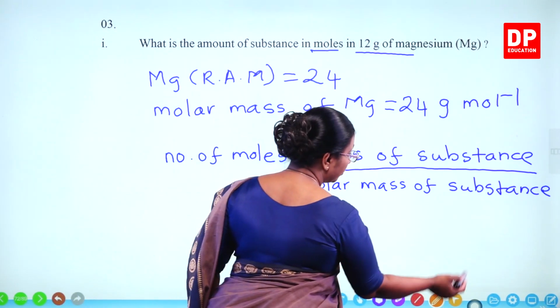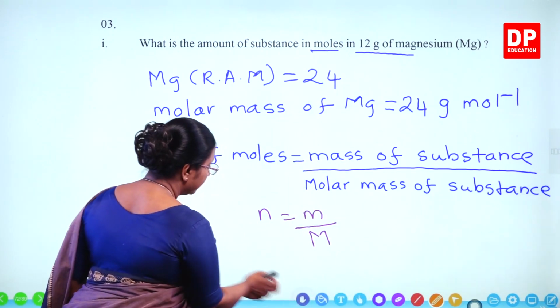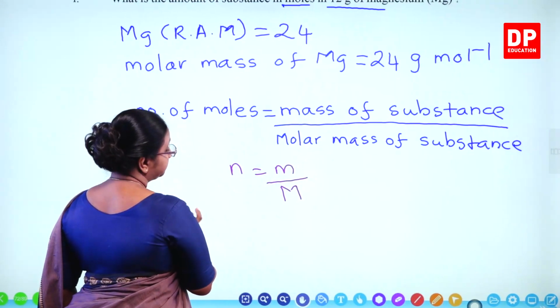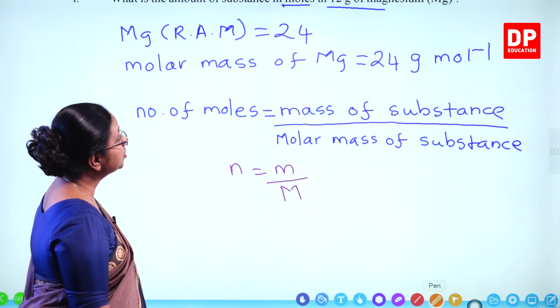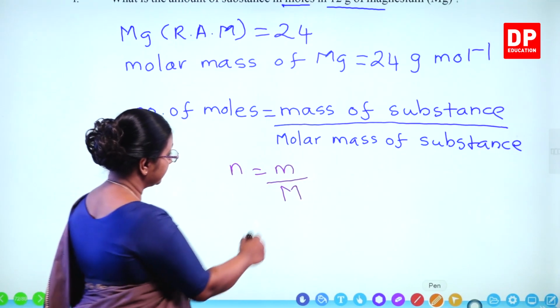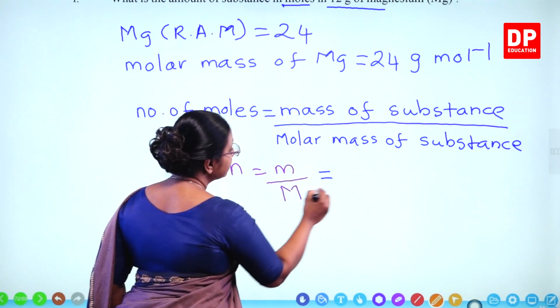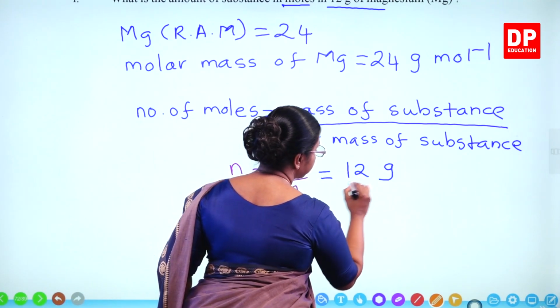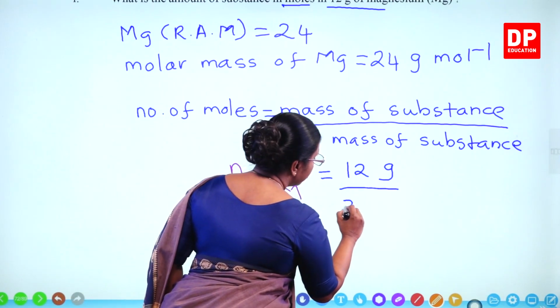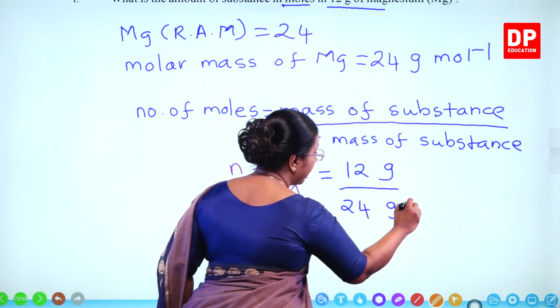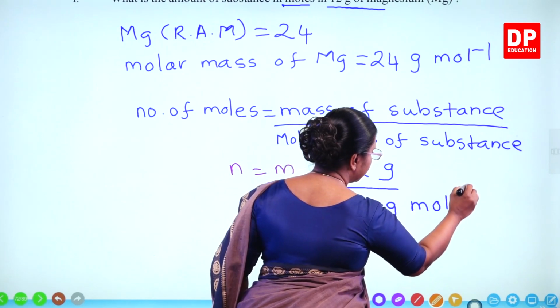Then we need to do the calculation there. So the number of moles in 12 grams of magnesium. So what is the mass? 12 grams. What is the molar mass? We have written it there: 24 gram per mole.